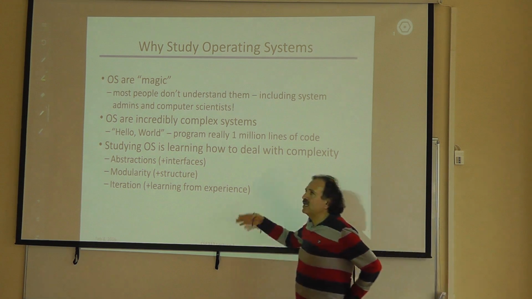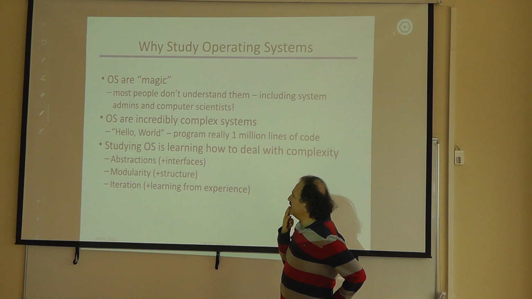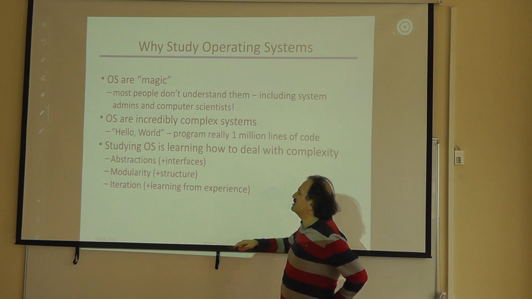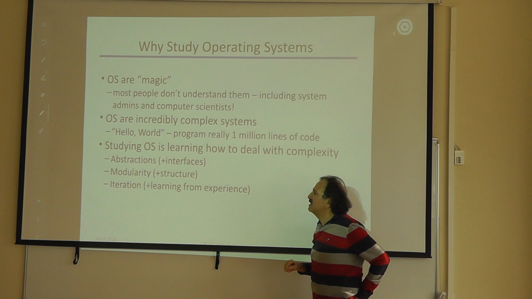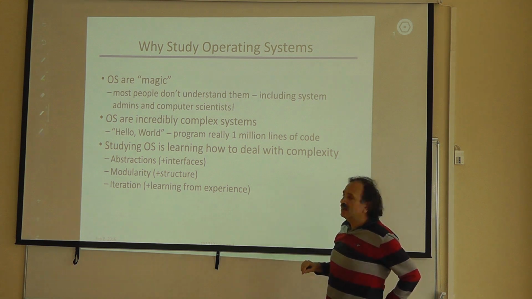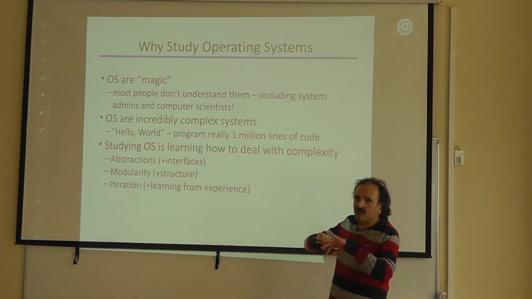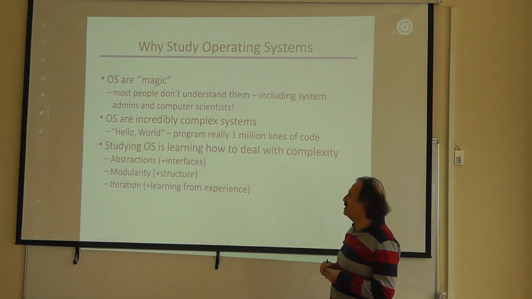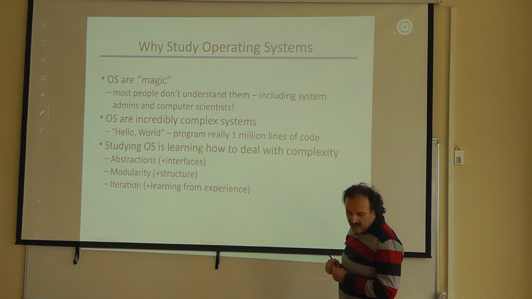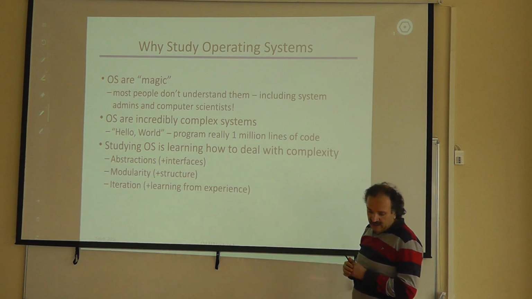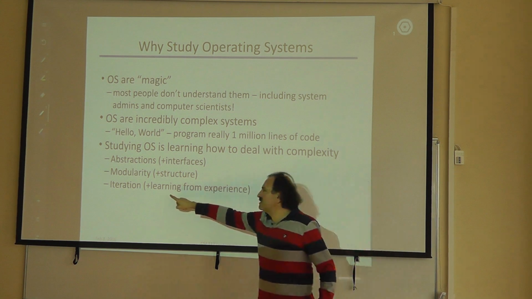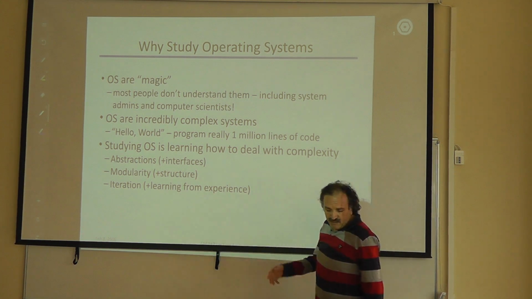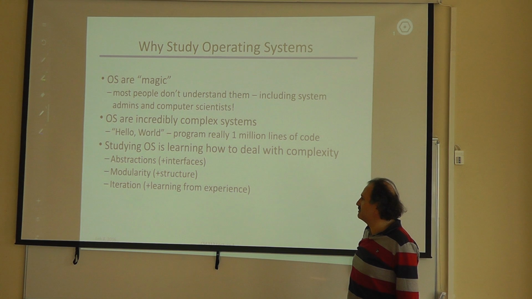Also, the other good programming practices, modularity and iteration. We will be talking about these 3 things most of the time. If you are not modular, if you are not separating your modules from each other in the operating systems, you will not be able to write a good operating system or understand it. Or if you don't understand what iteration means, you will not be able to develop good operating systems.